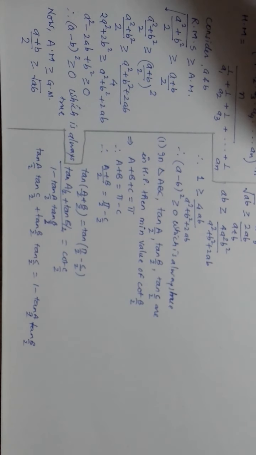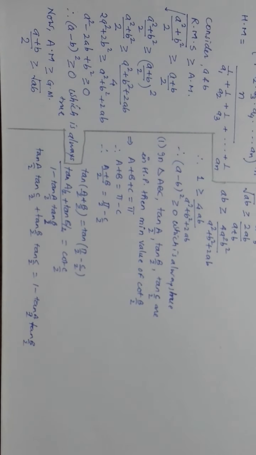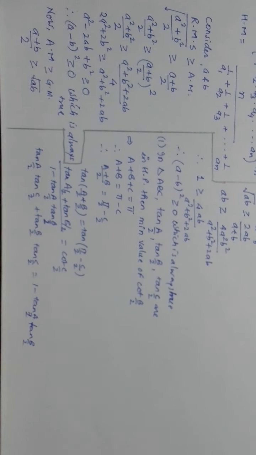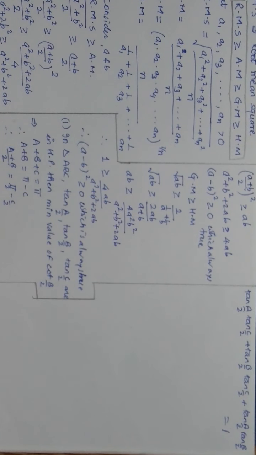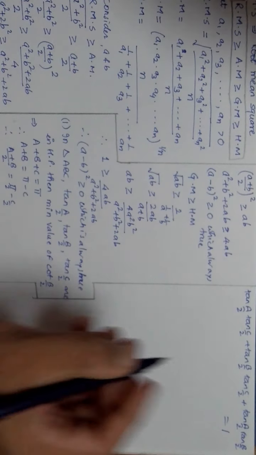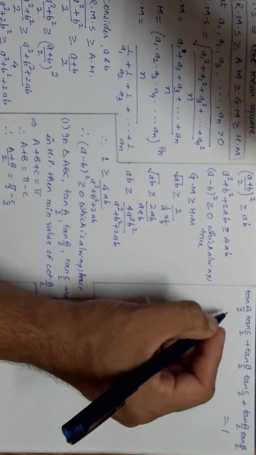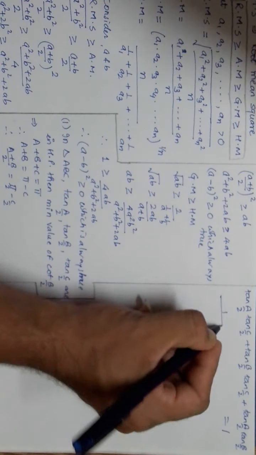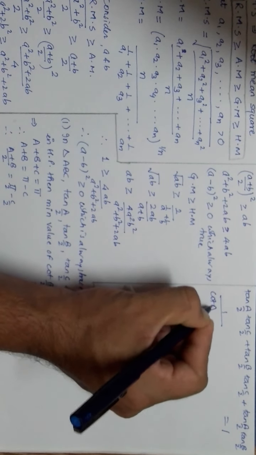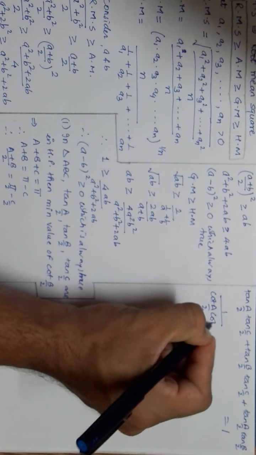Which becomes tan A by 2 into tan C by 2 plus tan B by 2 into tan C by 2, and the negative coming to this side, plus tan B by 2 into tan A by 2 is equal to 1. Now I will convert this into cot. So it will become 1 upon cot A by 2 into cot C by 2.